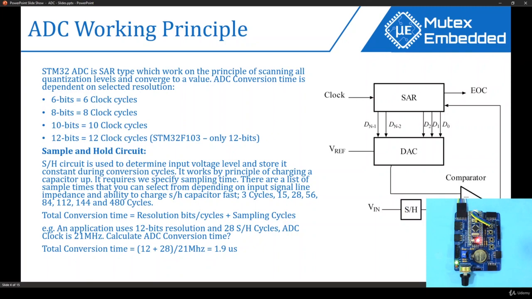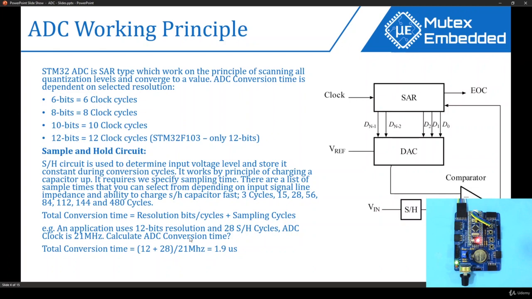Obviously the sample and hold circuit consists of a capacitor charging with the input voltage. If these cycles are very small, then you might not get a very accurate ADC reading. So it's important to have a reasonably good number of sample and hold cycles, and that will eventually determine the maximum sampling time.